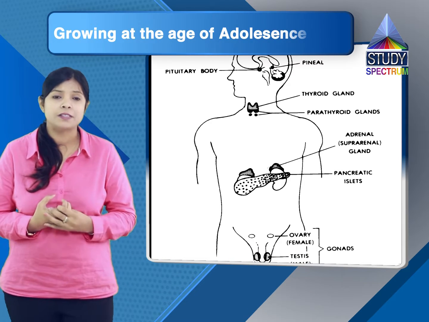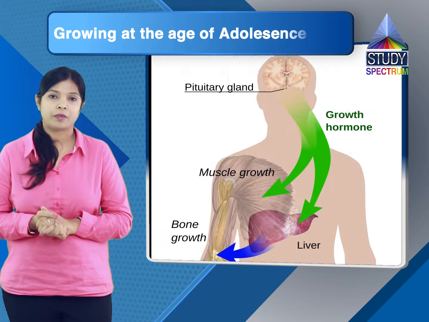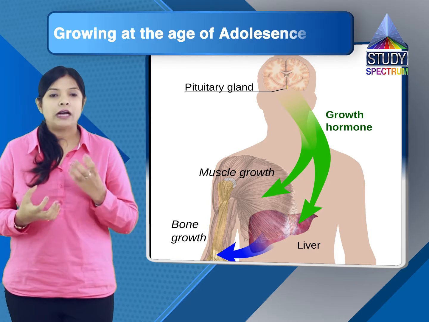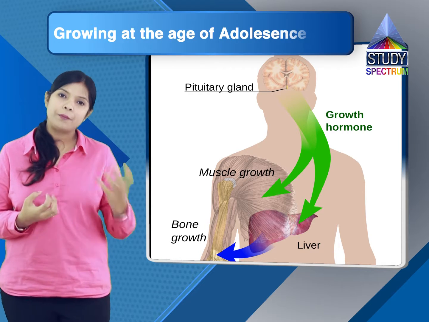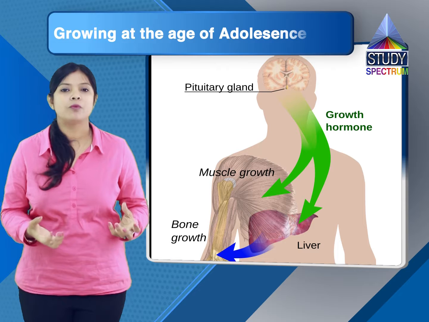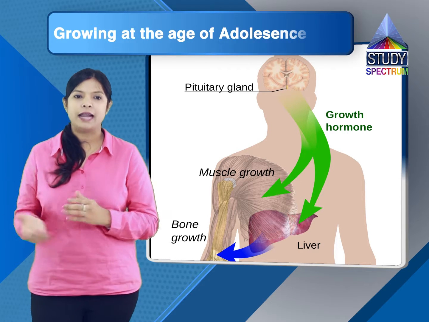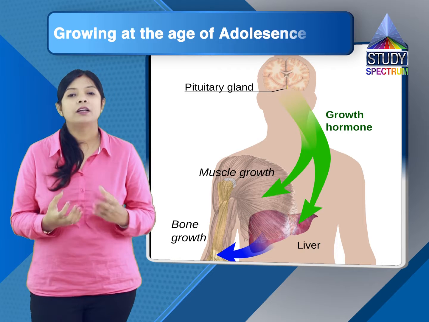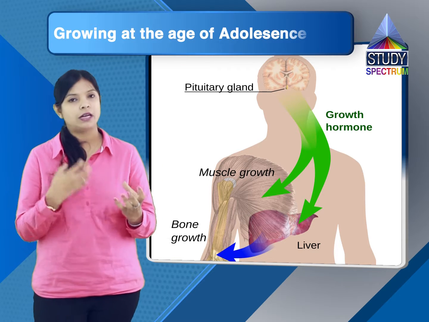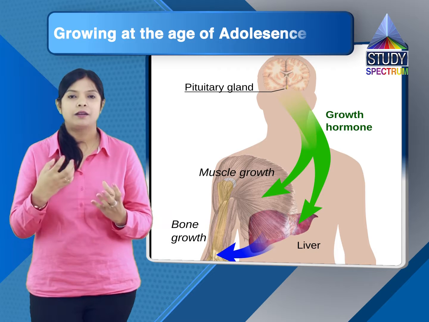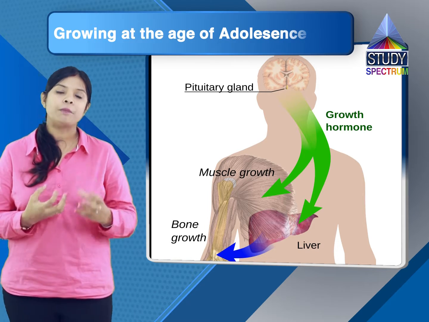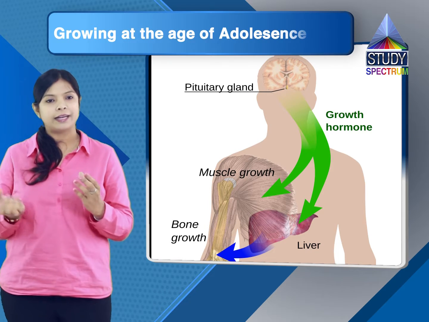This chemical substance is called the hormone. Now there are target organs. The organs which respond to a particular kind of hormone are called the target organs, and the hormone is released at the target site.